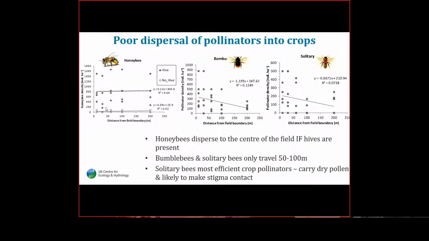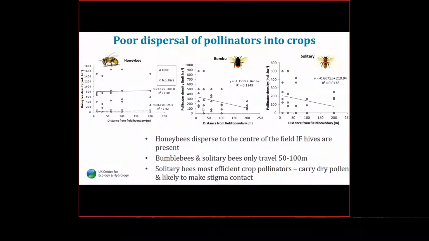They will fly all the way into the center of large fields, up to 200 meters in this case of this study. But the key thing is only when the hive's present. If you haven't got a beekeeper nearby, you're not going to get any honeybees, so you won't get any pollination from them. And as I said, there's only enough honeybees for about a quarter of the crops. So, whilst they're mobile, and that's good, the issue is that you need a beekeeper, basically.